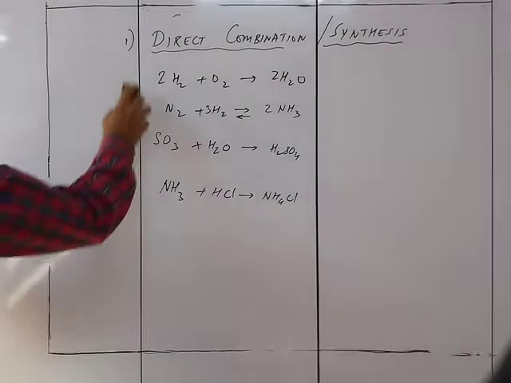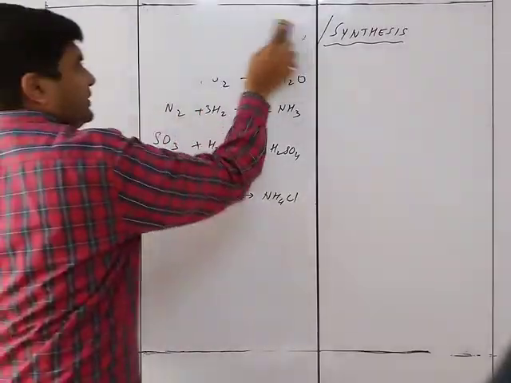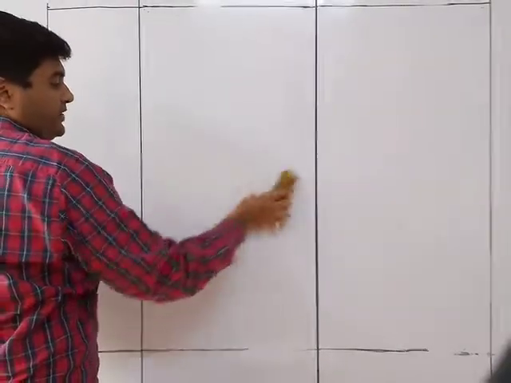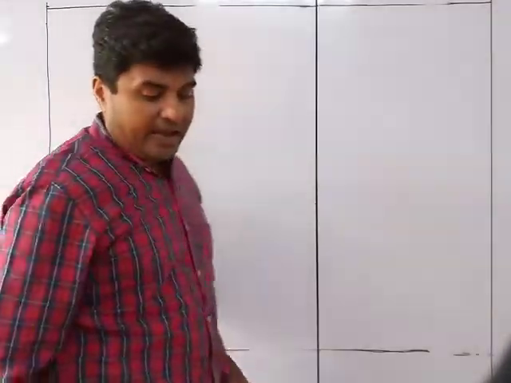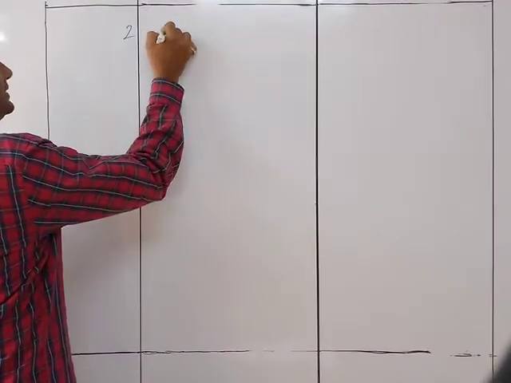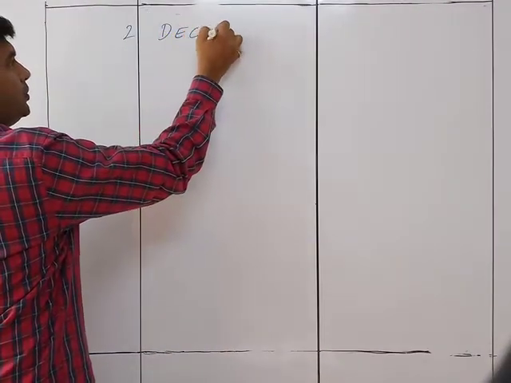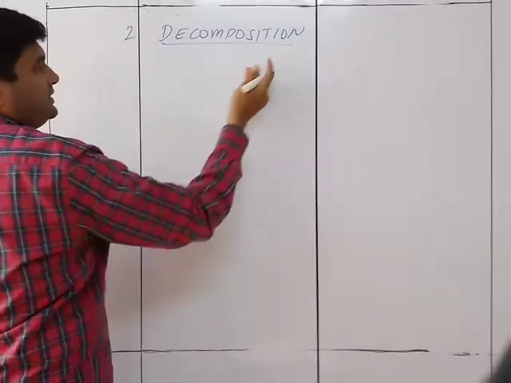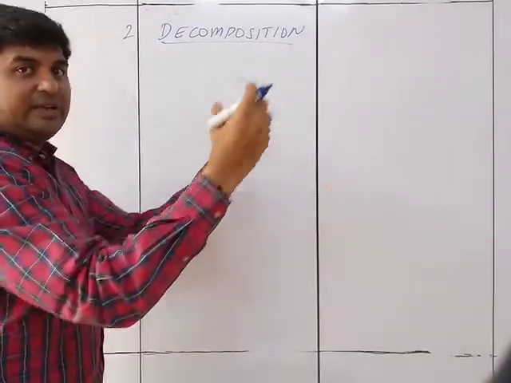So now the next kind of chemical reaction that could take place will be exactly the opposite of direct combination. That is called decomposition. The next one over here is decomposition. As the word says, composition was combining, decomposition is separating.